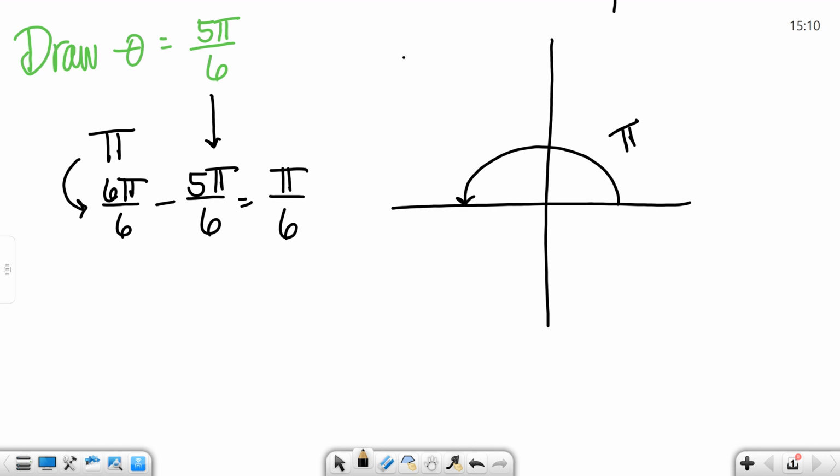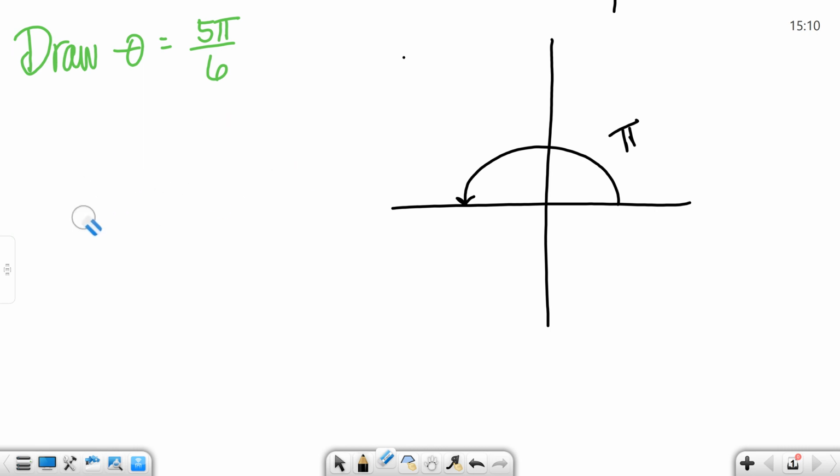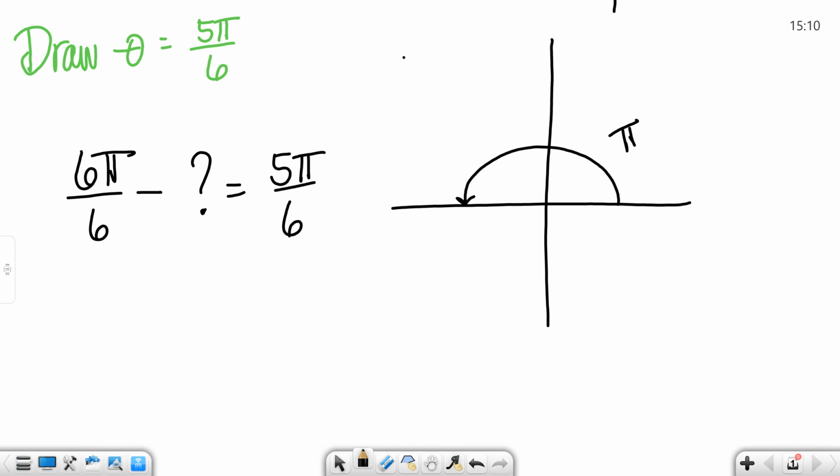Maybe it would be easier if I thought about it like this. Now that I'm writing that down, I see that maybe it would be better for me to say 6 pi over 6 minus something so that I end up at 5 pi over 6. That might be the best way to think about it. So if I want to end up with 5 pi over 6, then I have to subtract pi over 6 to end up where I want to be.